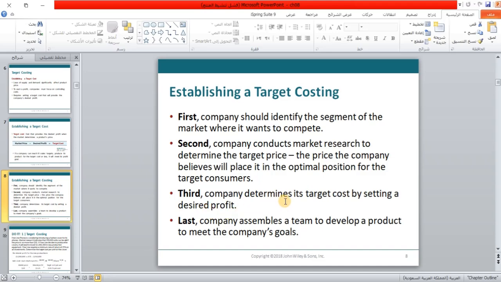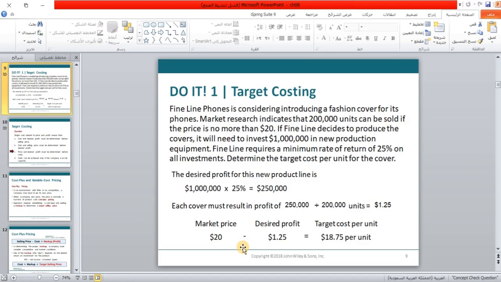Third, the company determines its target cost by setting desired profit. After we determine the targeted price, we discount desired profit, so we reach the target cost. Last, the company assembles a team to develop a product to meet the company's goals, as we see in this exercise.